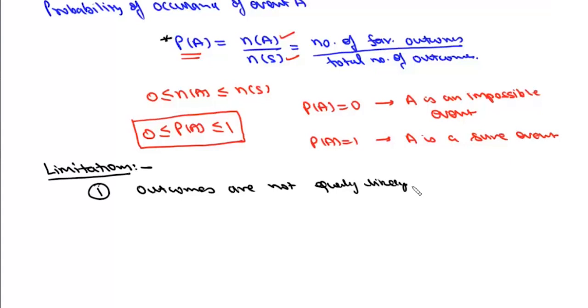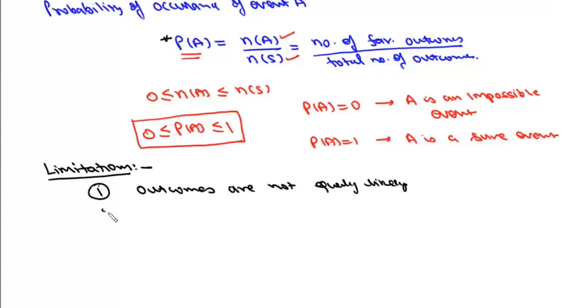Consider this scenario. Probably you are sitting under a fan. There are two possible outcomes for this fan. Either it will stay hanging up on the ceiling, or it may come crashing down. Now these two outcomes are exhaustive and mutually exclusive, but they are not equally likely. If this fan had equal probability of staying up and falling down, probably you wouldn't be sitting under it. So in real life, outcomes are generally not equally likely.